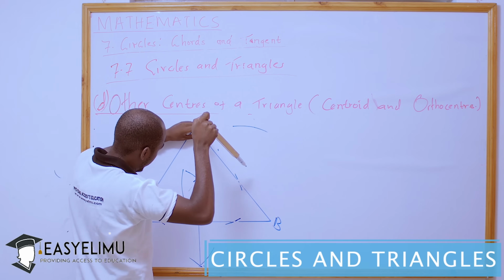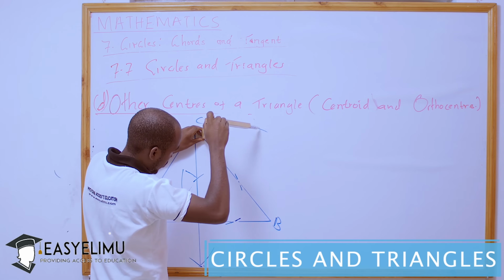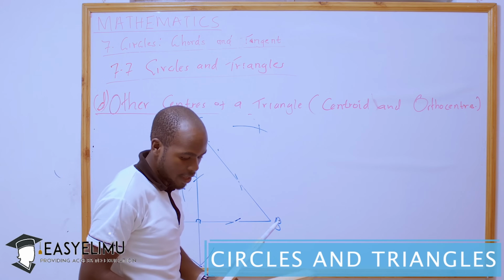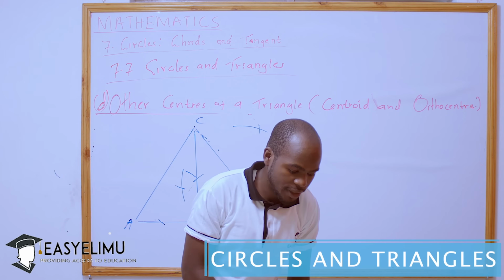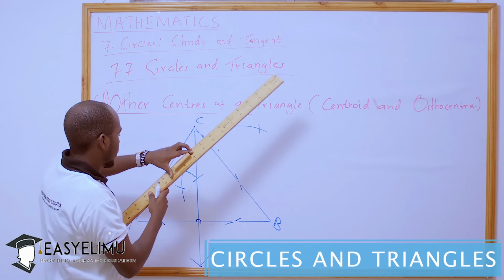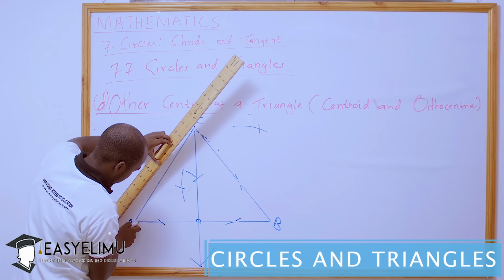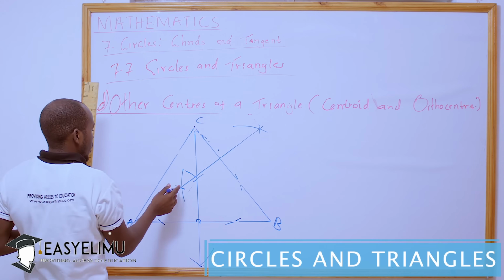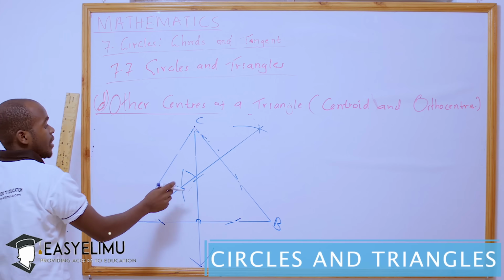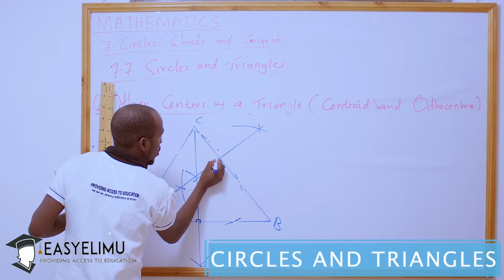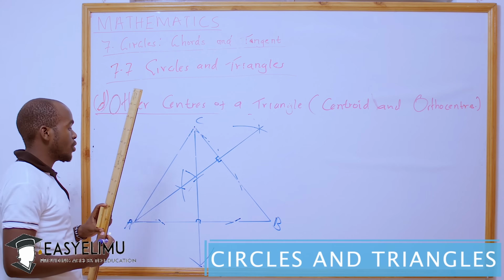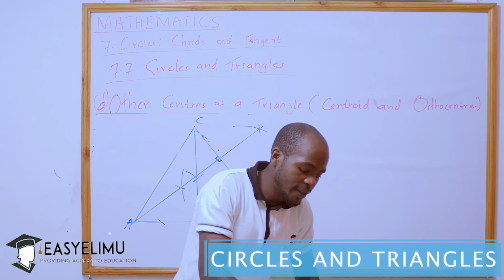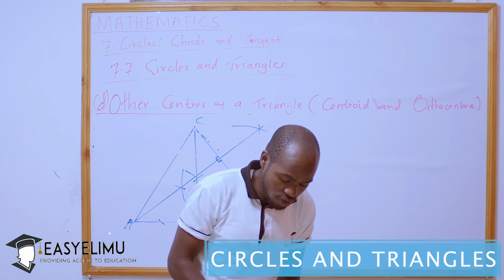Then the same applies to the top with the same radius. After that, draw a line passing through the arcs and the angle here. You will find that that line will pass through that angle, and if you measure this angle, you will find it is 90 degrees on both sides. The same applies to the other side.